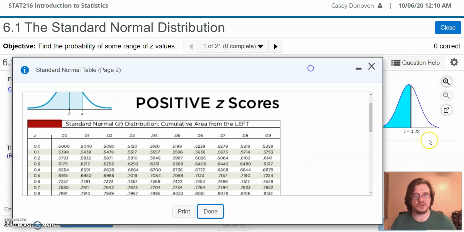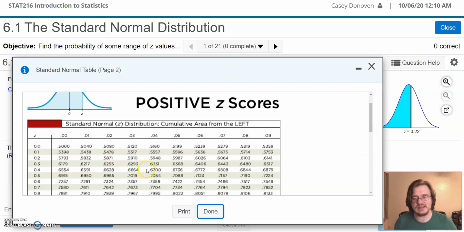So again, if we're looking for 0.22, the first digit past the decimal place is 0.2, and then here's 0.2. So the answer to this question, the area to the left of 0.22, is going to be right here, 0.5871. These values we can just read off of this table.